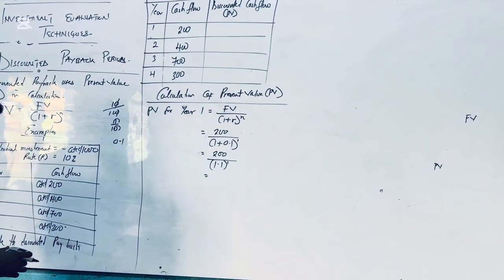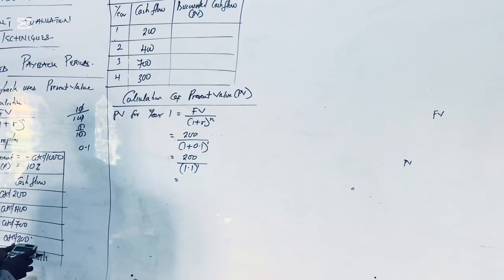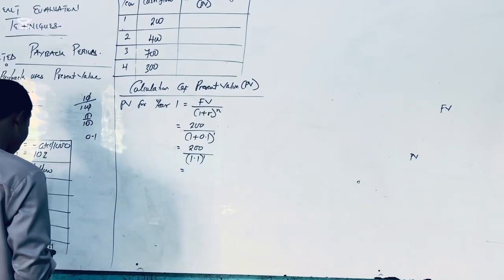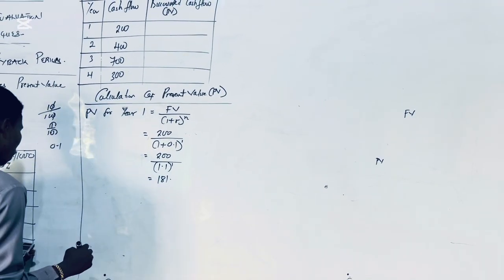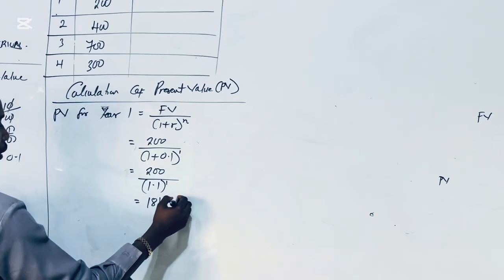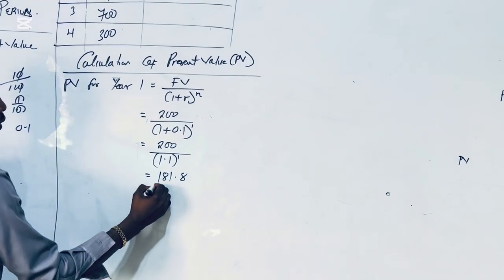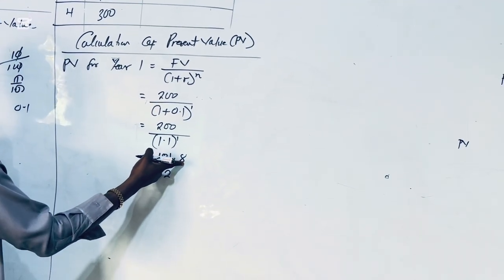So you just go to your calculator, 200 divided by 1.1 raised to the power 1, which is the same 1.1. And that will give us 181.81. So to the nearest whole number, we can say 182, because this 8 is more than 4.